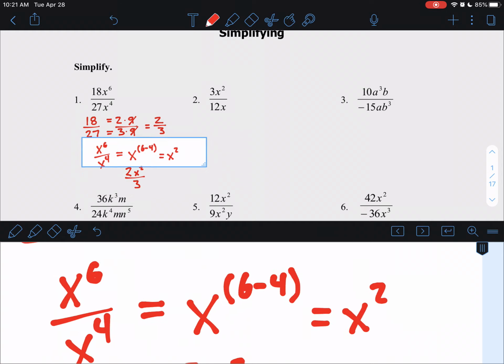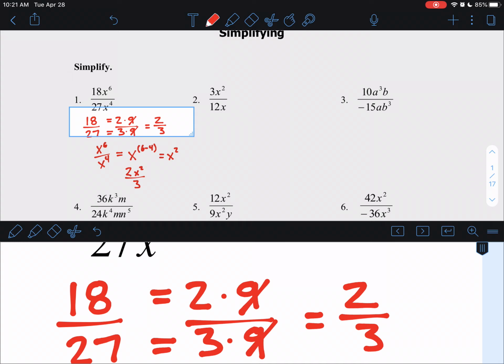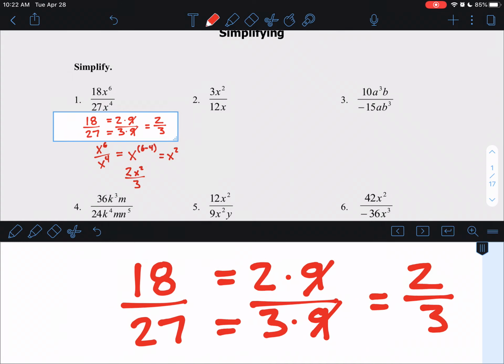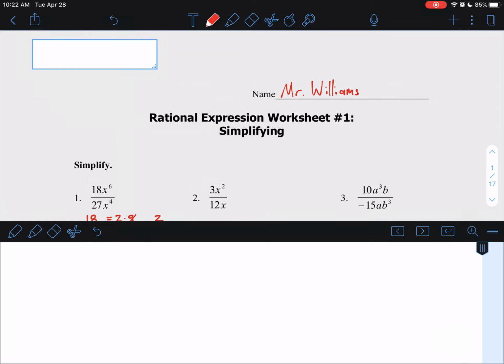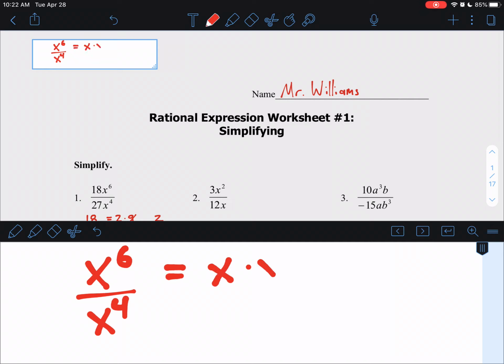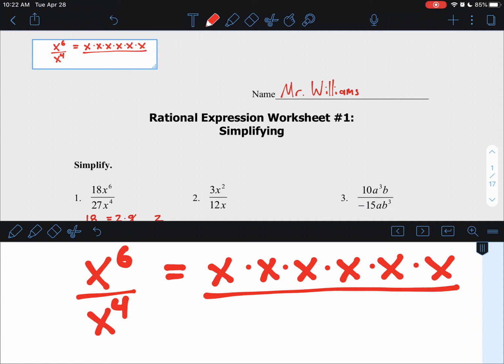So just like with the fractions, when we're simplifying those, if I have x to the sixth over x to the fourth, well, I know that x to the sixth is going to be x times x times x times x times x times x. And x to the fourth is going to be x times x times x times x.